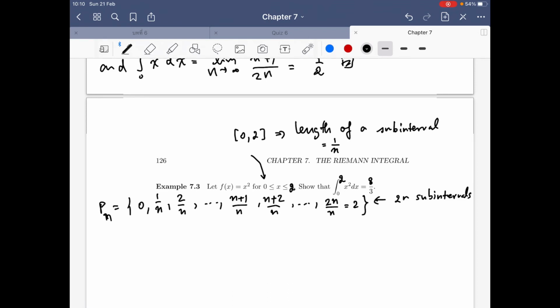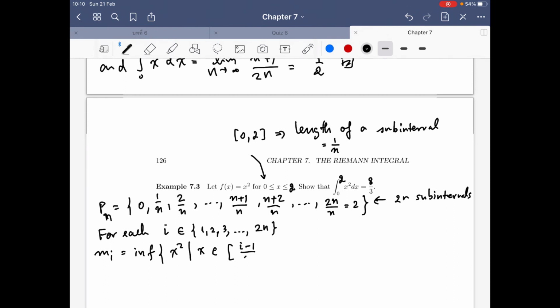So it means that for each i, which is running from 1 to 2n, what is your small mi? The infimum of this function value whenever your x is in [i minus 1 over n, i over n].